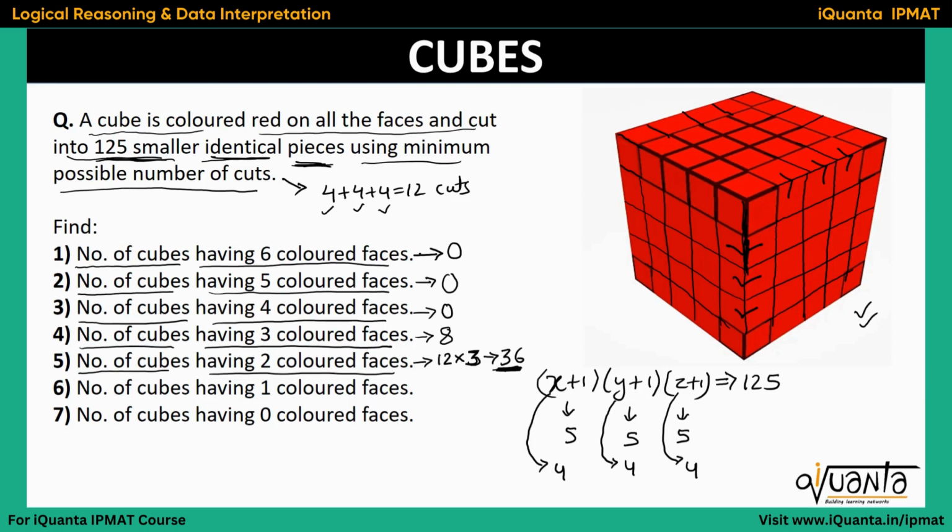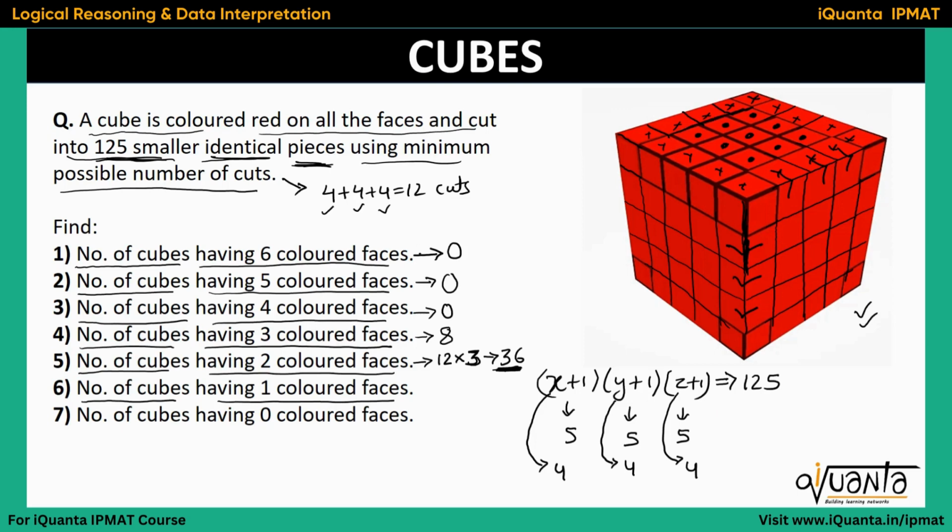Now coming to question number 6, number of cubes having 1 face colored. So we know that cubes with 1 face colored are present along the face after removing the cubes at corners and edges. So if we remove all the cubes at corners and edges, then we are left with 1, 2, 3, 4, 5, 6, 7, 8, 9.